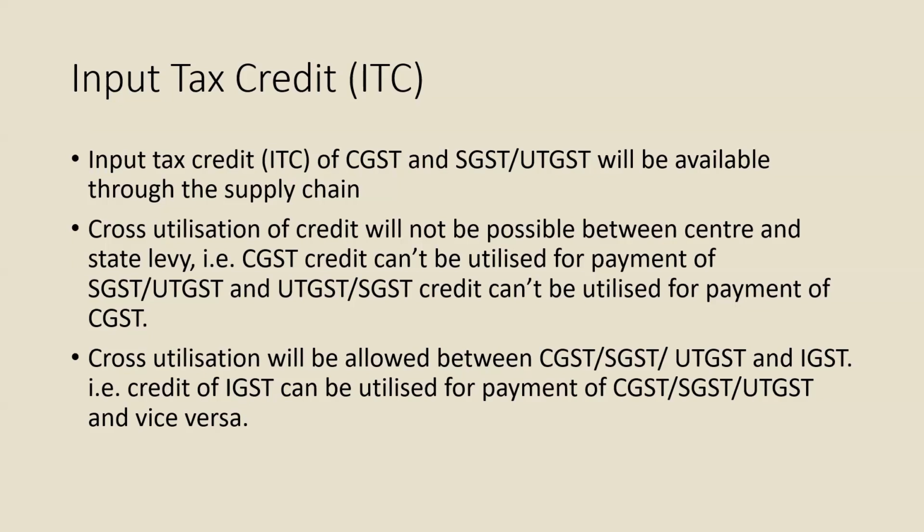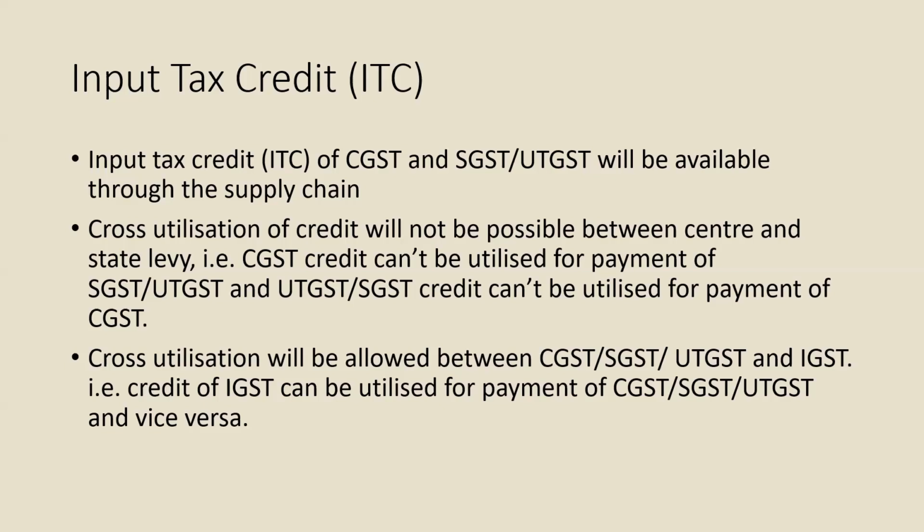So suppose you had money in your IGST but you have a liability under CGST, or you had money in the CGST but you have a liability under SGST, you will not be able to take credit because cross utilization of the credit is not allowed. However, in case of IGST, it is perfectly allowed.